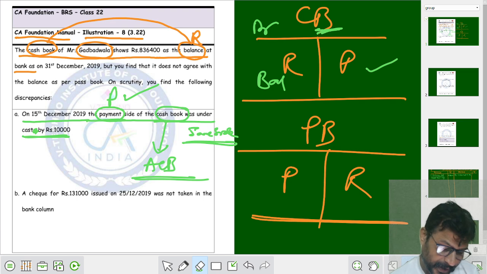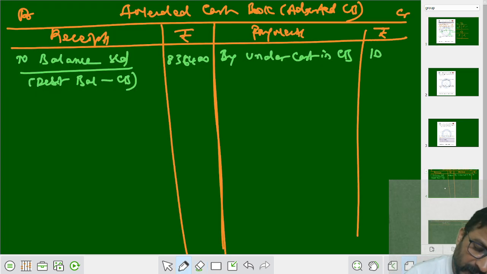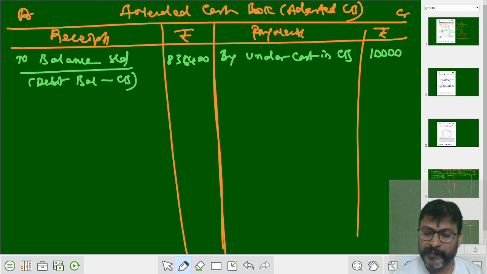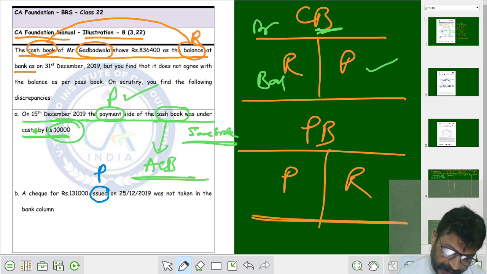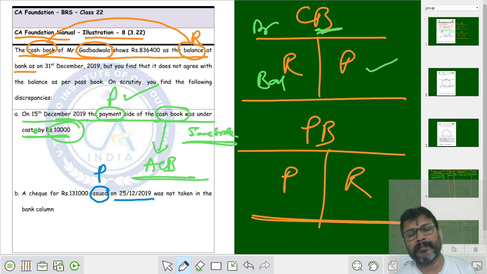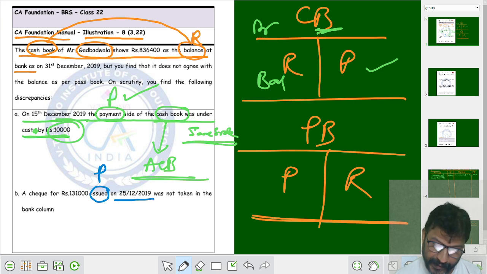With an amount of rupees 10,000, right? Let me write 10,000 on the credit side. Fine. See the next one. What happened here? A cheque for rupees 1,31,000 issued. Issued means what? Payment. On 25th December 2019, within the financial year, this particular period.